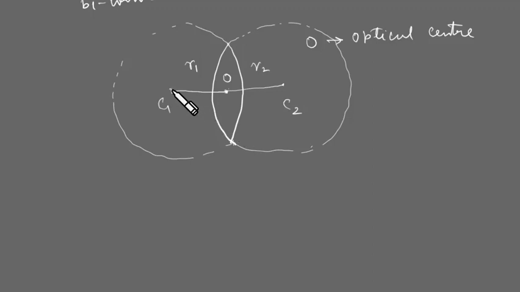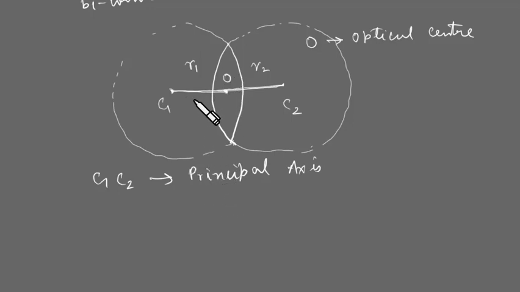If we join the centers of the two spheres by a straight line, then this line goes to the optical center of the lens. This line C1C2 is called the principal axis of the lens. So what is the principal axis?